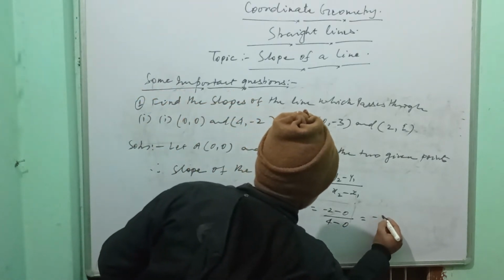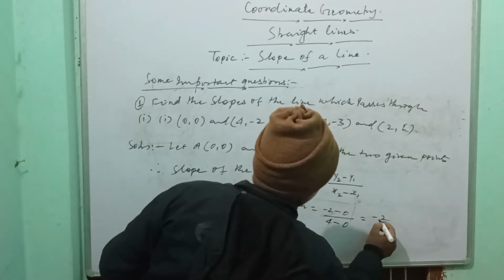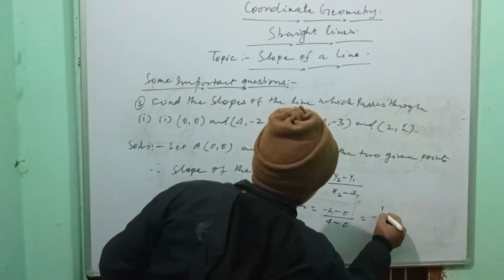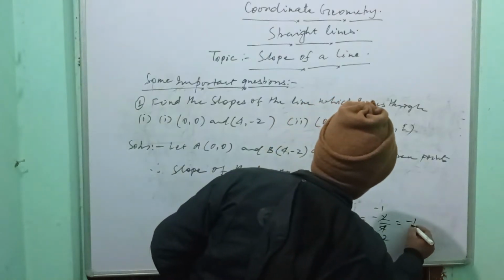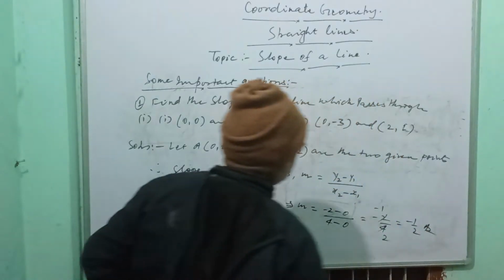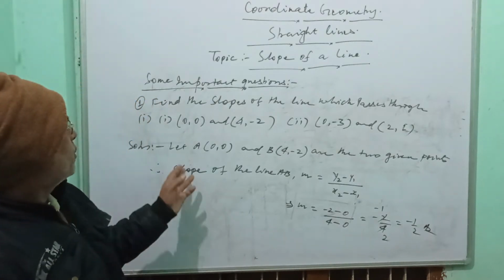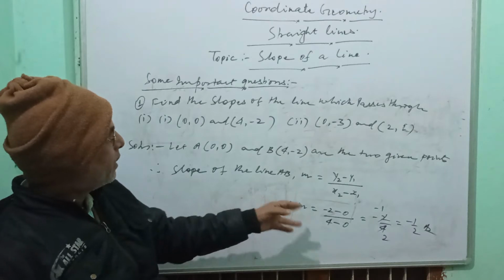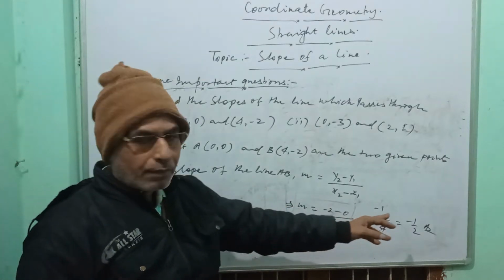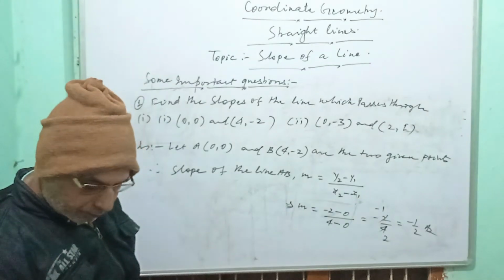This is equal to -2 by 4, which is equal to -1 by 2. Therefore, slope of the line AB becomes equal to -1 by 2.